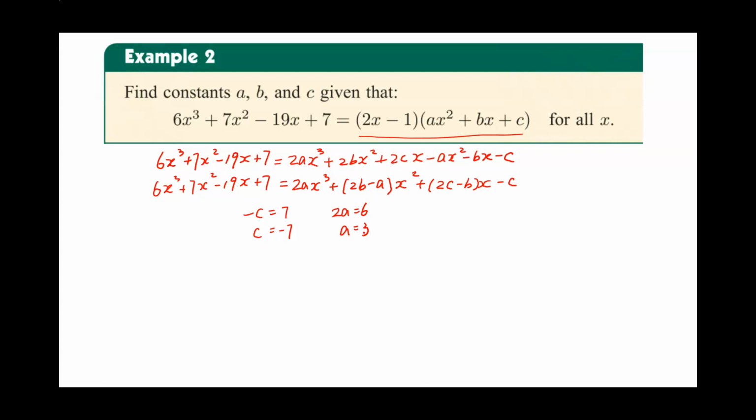And my x to the power of 2 part equals 7. Therefore, 7 equals 2b take a. 7 equals 2b take 3, b then equals 5. Okay, so you can do this by equating both sides. There is another way of doing this.